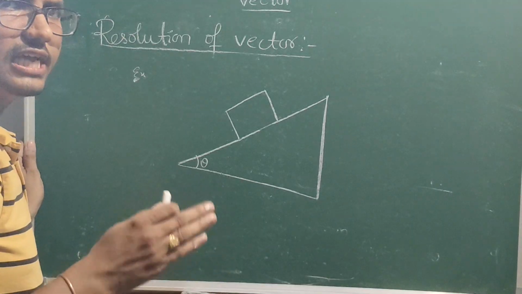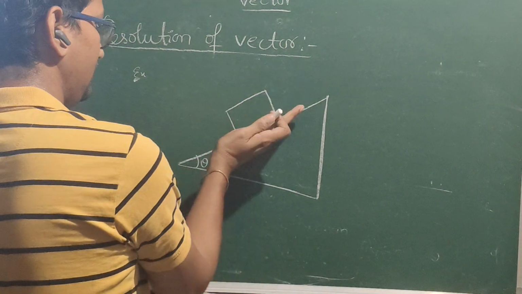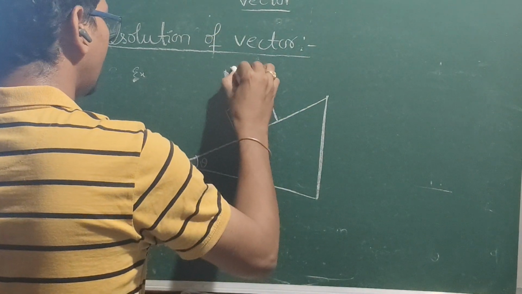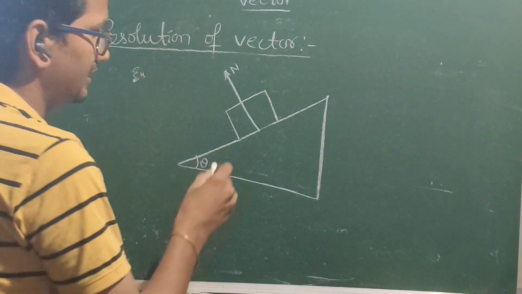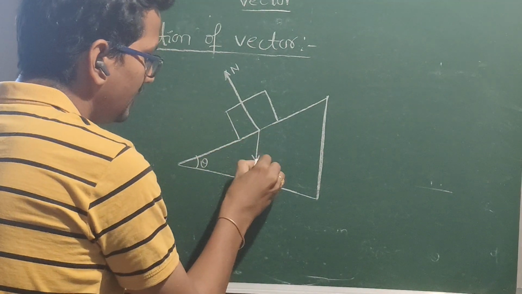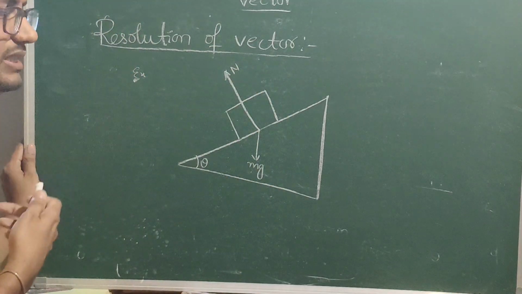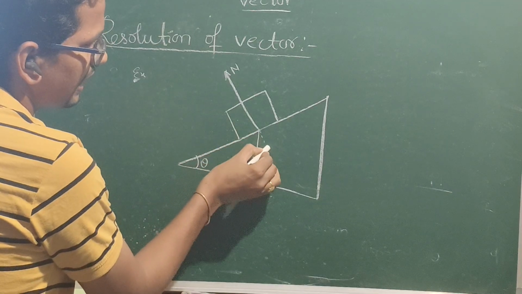The block has a normal reaction, which acts perpendicular to the surface. But the weight of the body acts vertically downward, that is called mg. From this, this is the actual position.